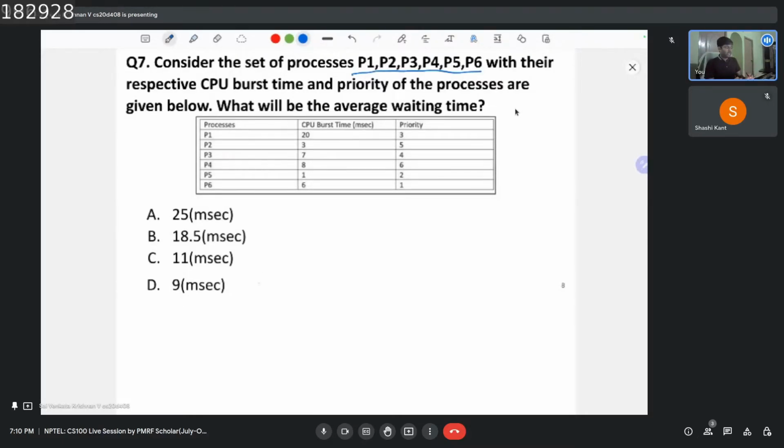So let's draw the Gantt chart. One thing to note is that a lower number implies higher priority, right? Let's assume that all these six processes are present in the ready queue, and the scheduler has to pick one.